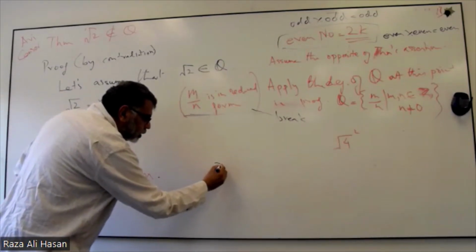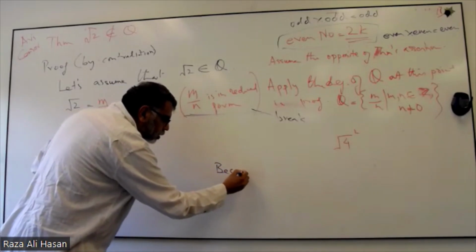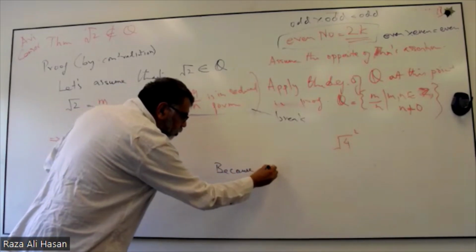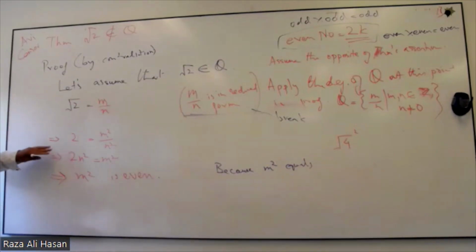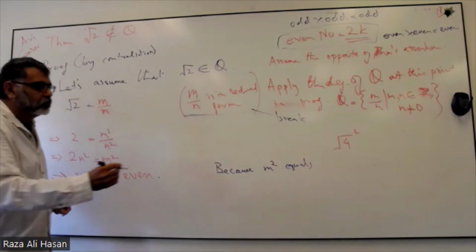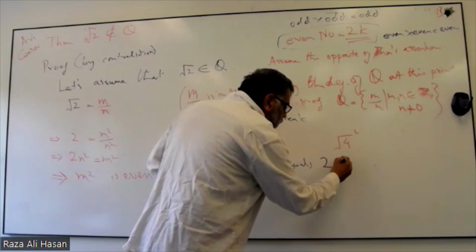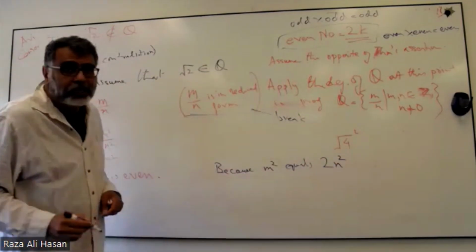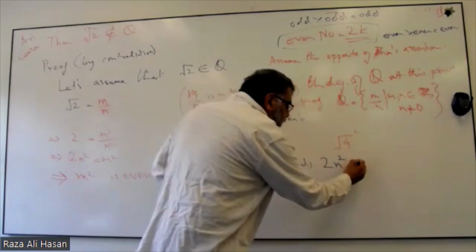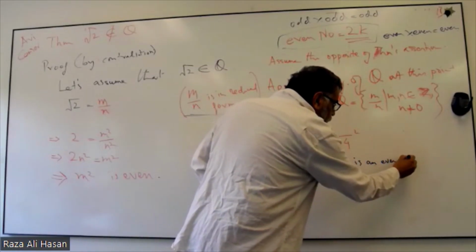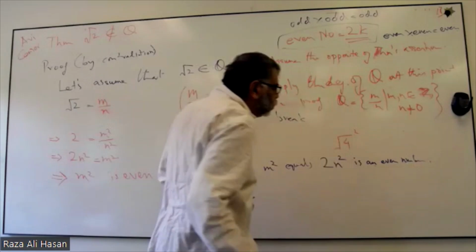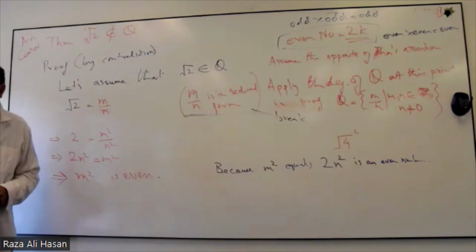I'm going to write the because: M squared equals, what does it equal over here? 2n squared. And 2n squared is an even number. Why is 2n squared an even number?